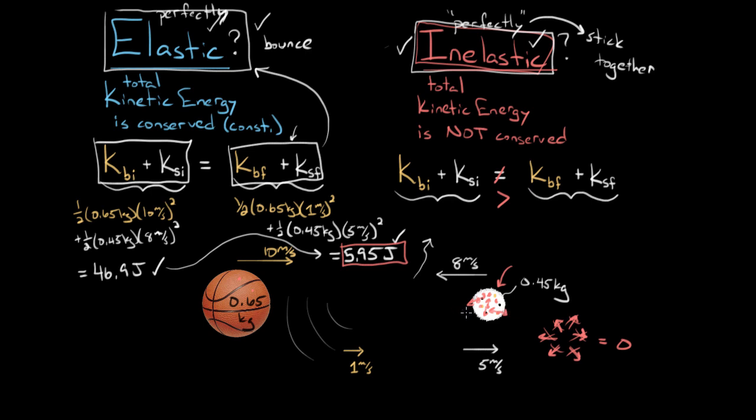And this is wonderful news actually, because that means momentum is going to be conserved for both elastic and inelastic collisions. Doesn't matter what kind of collision it is, momentum is going to be conserved as long as there's no time for any net external impulse to act during that collision. So even though energy is only conserved for elastic collisions, momentum will be conserved for every collision.